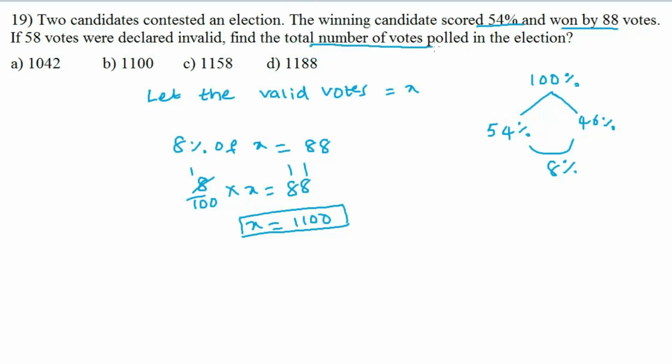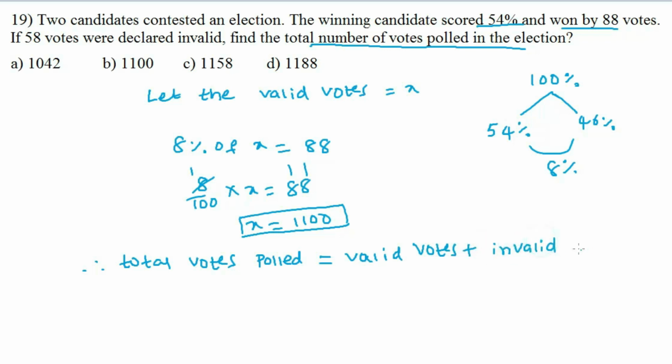Total number of votes polled in the election. Therefore, total votes polled equal valid votes plus invalid votes.